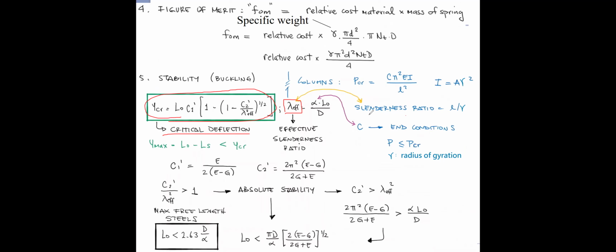Remember, we have the slenderness ratio of a column, and we have the effective slenderness ratio of springs, which equals alpha, corresponding to the end condition constant C, times L naught, the free length, divided by the mean diameter.